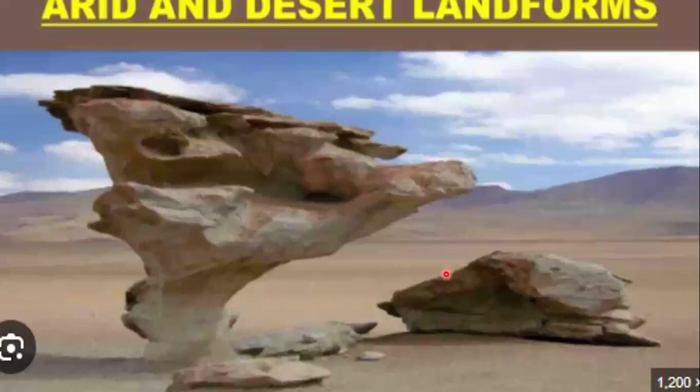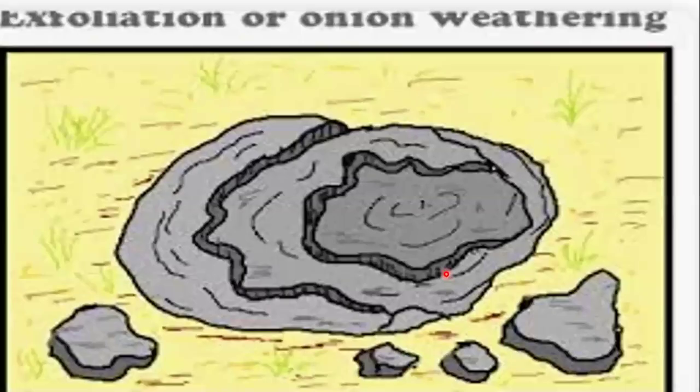Now, rocks are poor conductors of heat. The outer layer expands more, whereas the inner layer in comparison expands less. This expansion and contraction of different layers at different rates loosens the outermost layer of the rocks.